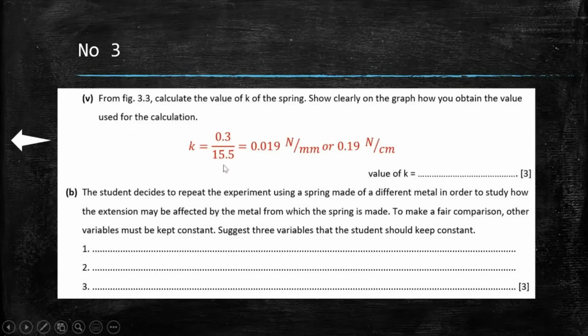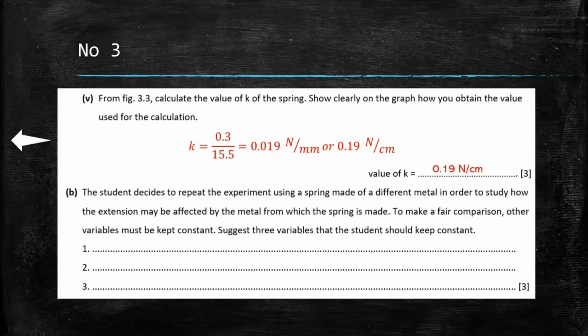So, the spring constant equals 0.3 over 15.5, or 0.019 Newton per millimeter, or 0.19 Newton per centimeter. That's the value of K.